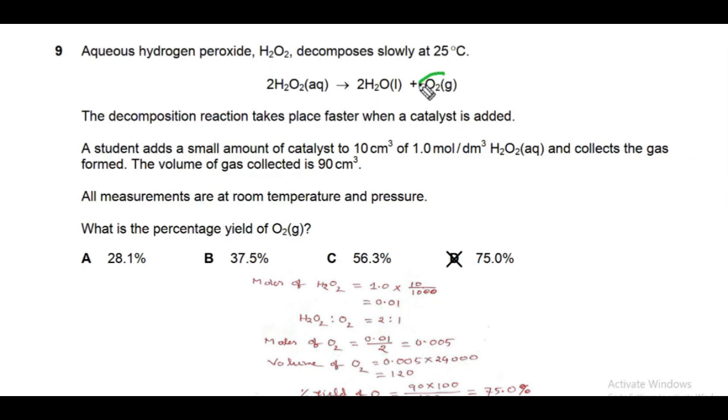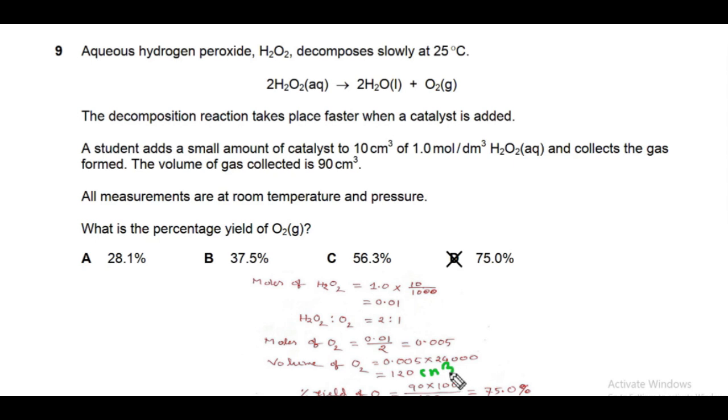Now the calculated volume of oxygen is the number of moles times molar volume: 0.005 times 24,000 cm³, so you get 120 cm³.